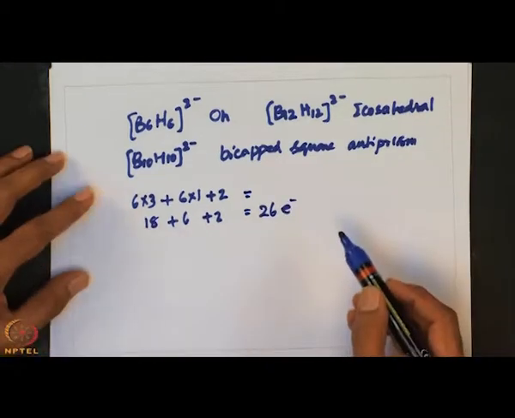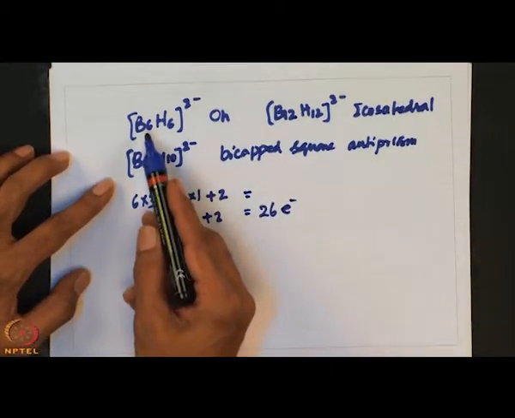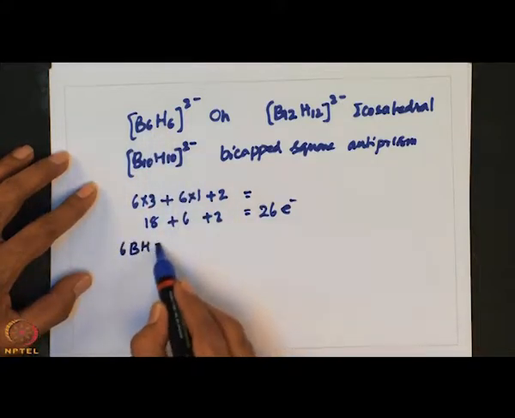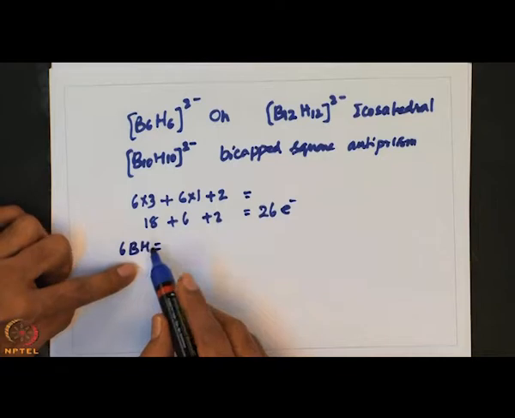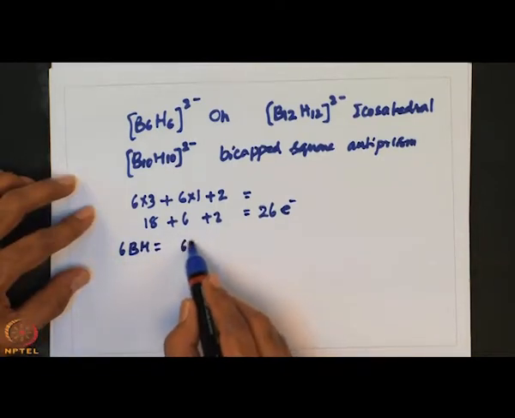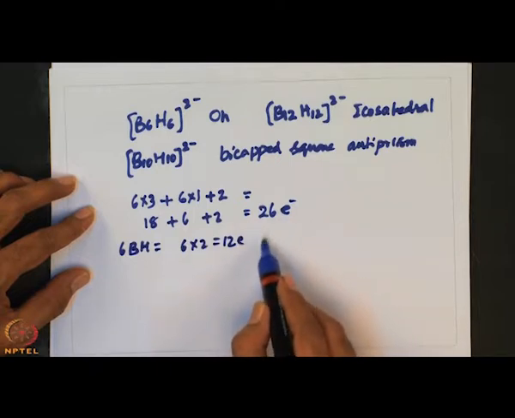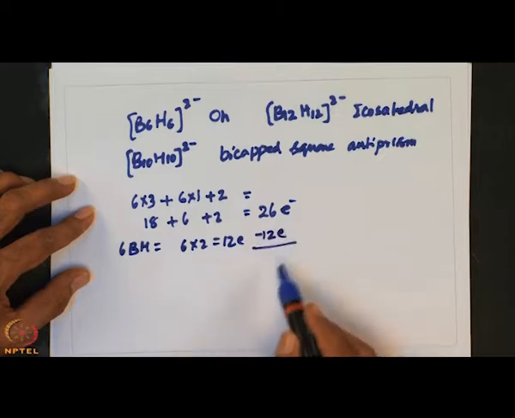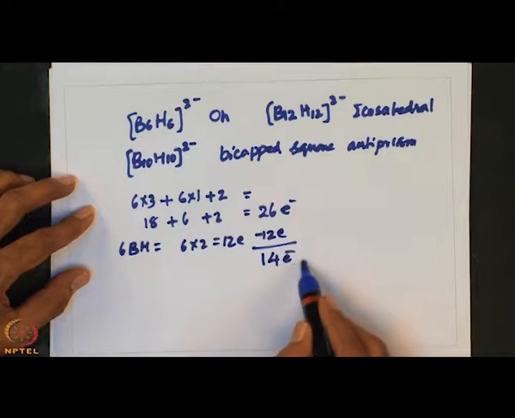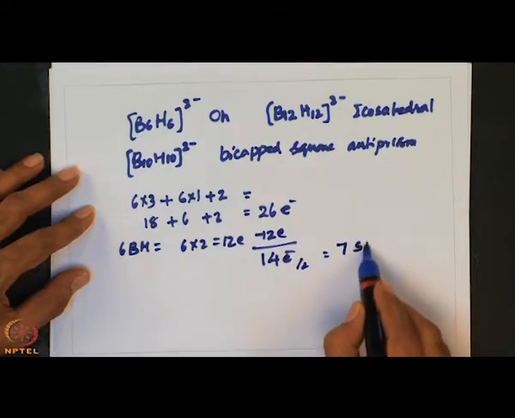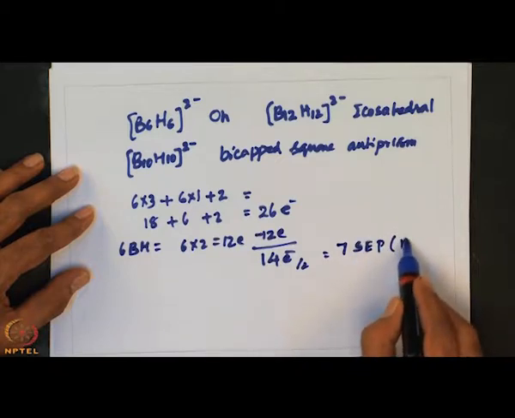Out of 26 electrons, we have at least 6 BH bonds, and each one requires 2 electrons, so 6 into 2 equals 12 electrons. Remove 12 from 26, it will give you 14 electrons. So, 14 electrons divided by 2 will be 7 skeletal electron pairs, and this is n plus 1.